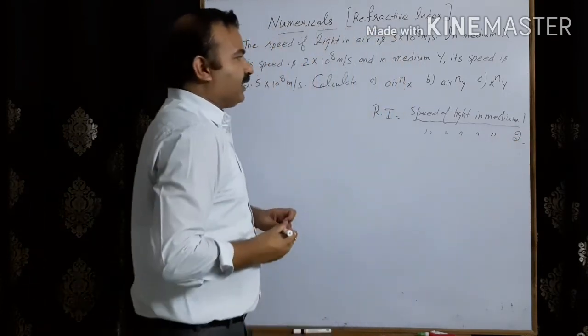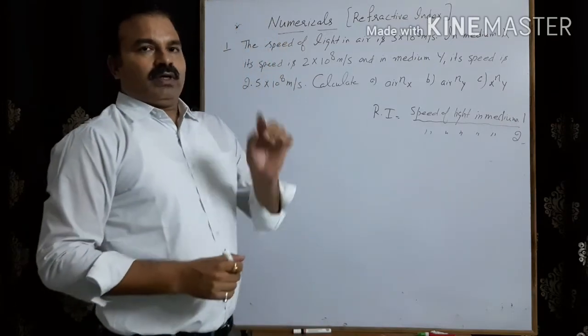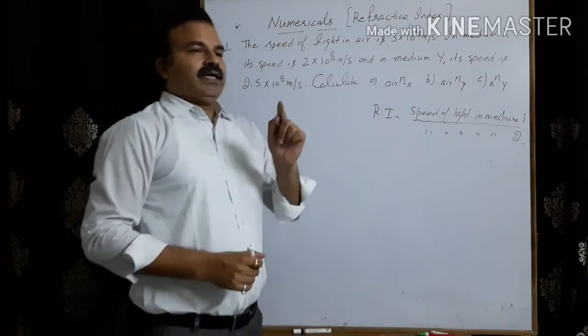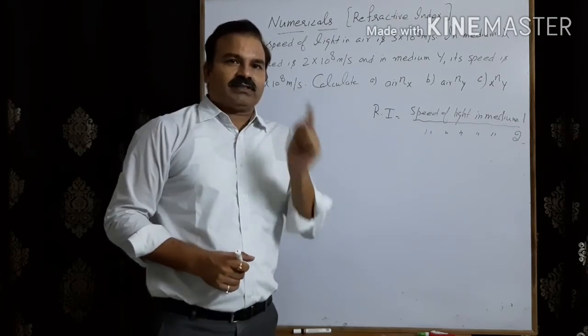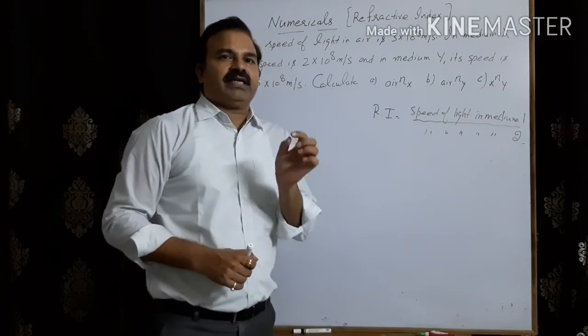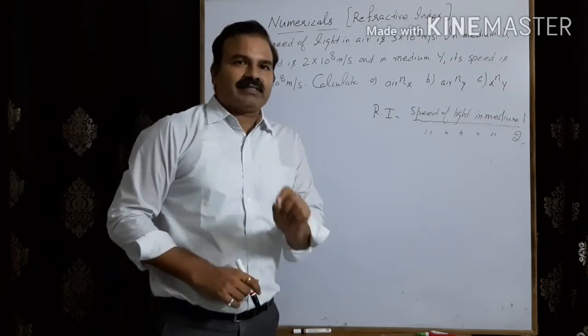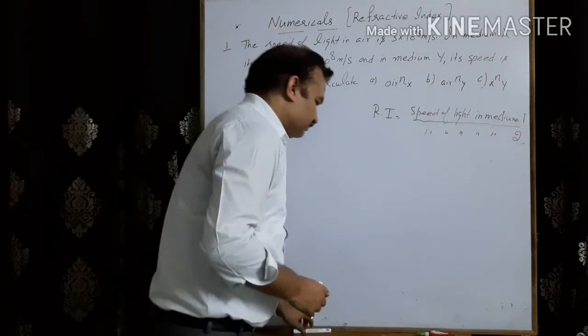It means light is entering from medium 1 and going to medium 2. Very important thing is, if refractive index is more, speed of light is less, and vice versa. That is, if refractive index is less, the speed of light is more in that case.